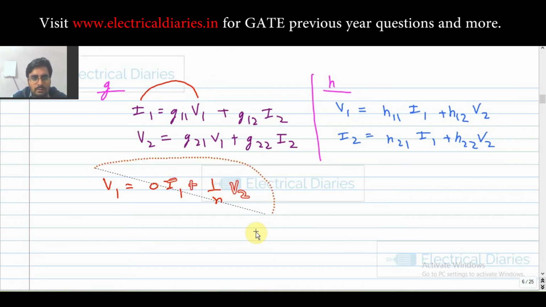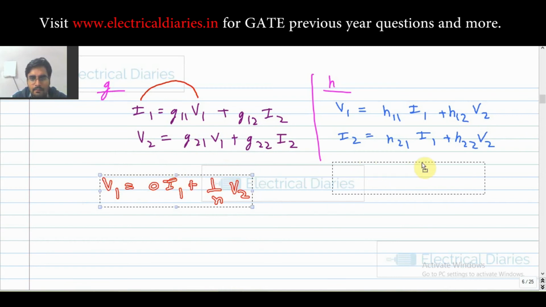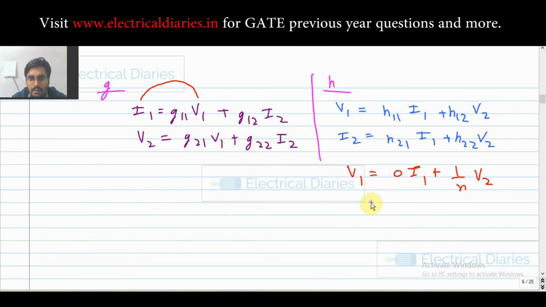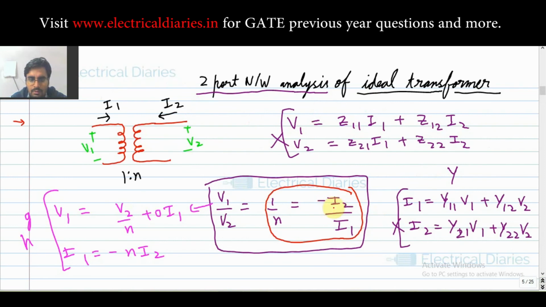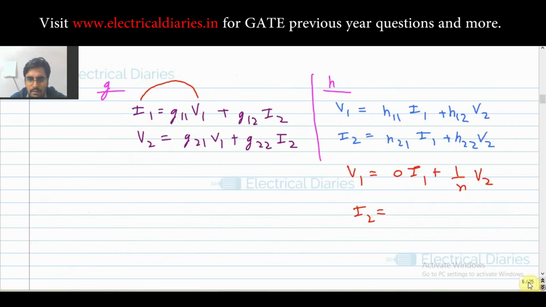This is the H parameter first equation, and now I2 is equal to minus I1 by n plus 0 V2. So we have got our H parameters as 0, 1 by n, minus 1 by n and 0.